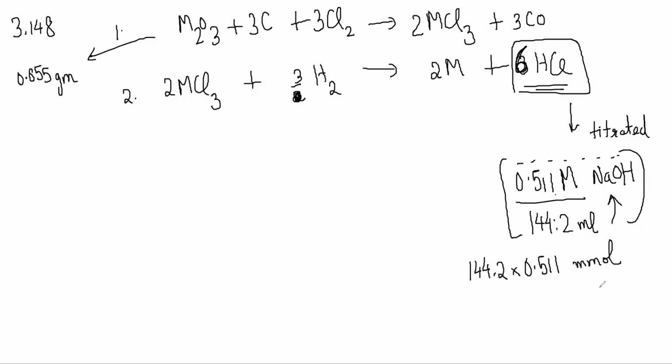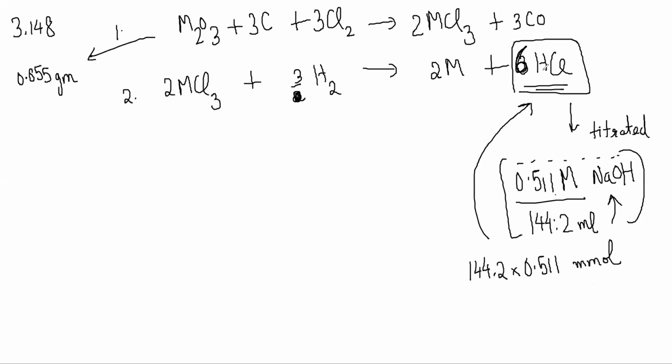This is the millimoles of NaOH, but NaOH and HCl react in a 1:1 ratio, so this is also the millimoles of HCl that was produced.